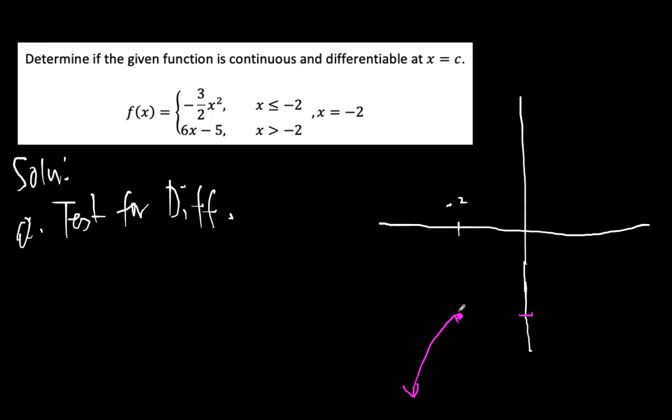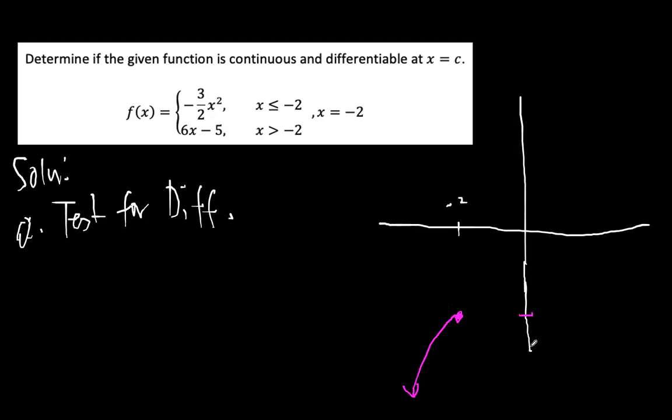And of course, it's filled. Why? Because -2 is part of the first subfunction. Okay, and how about 6x minus 5? So when x is equal to -2, that's -12, -17. There we go. So that's lower than this, right?